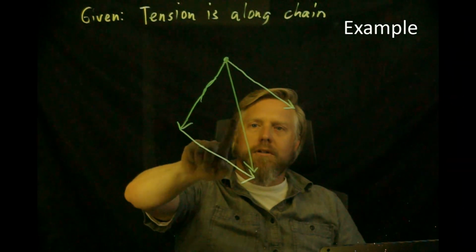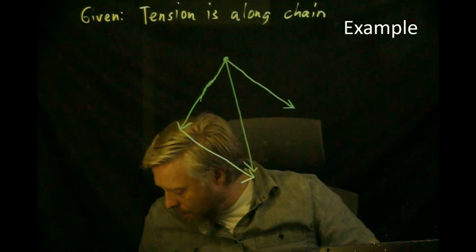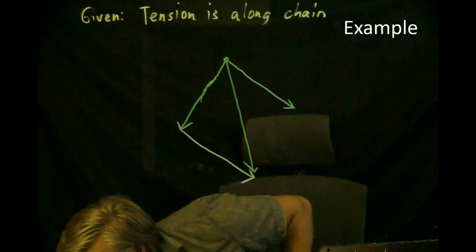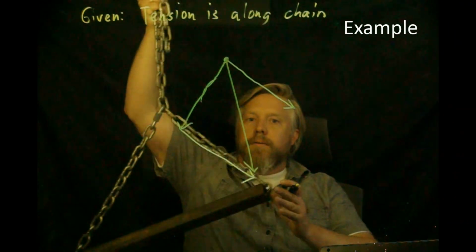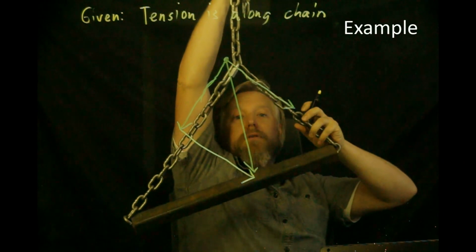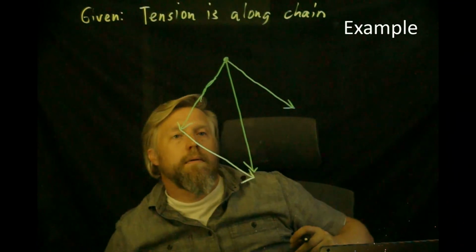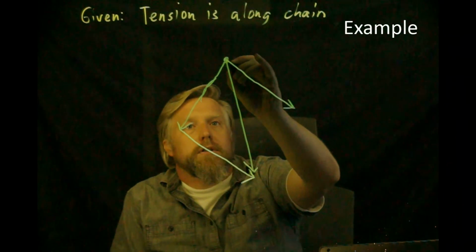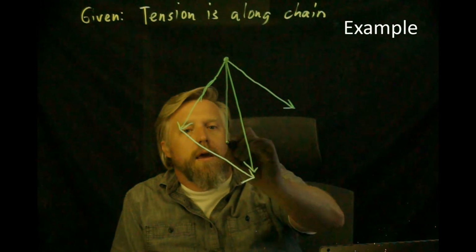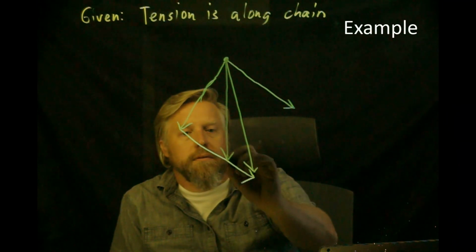That has to be in that direction. Which direction does my resultant vector have to be in? Well, it has to be vertical. This chain is vertical. Therefore, my resultant vector has to be vertical. So I'm going to draw it straight down. And where it crosses has to be the tip of this vector.